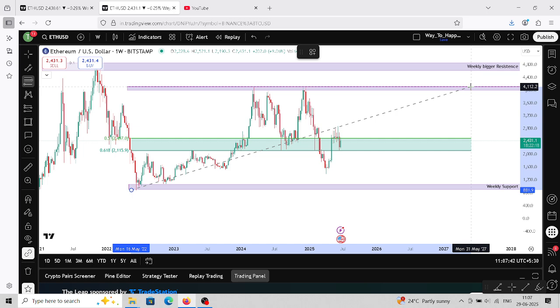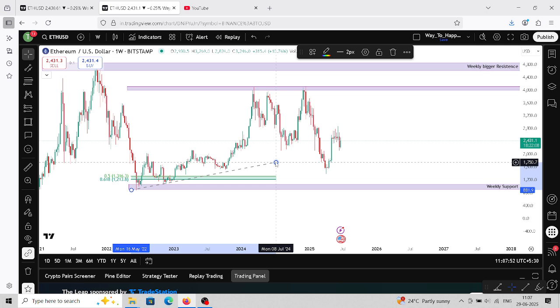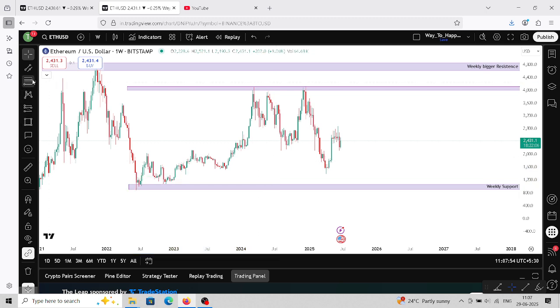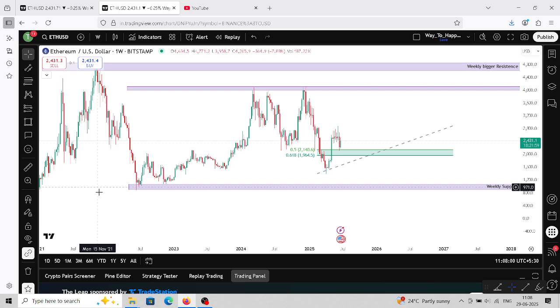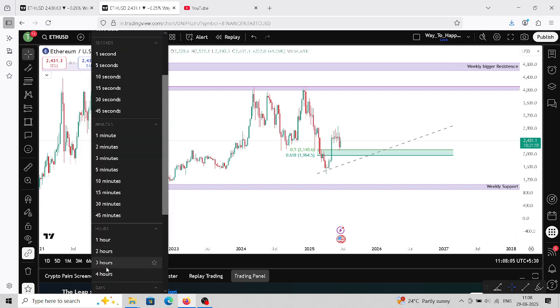ETH is already in the 0.5 area, has already crossed it once, and now it is in a different area. So rather than this, we should put the fib like this, and we should go to the daily chart as well.